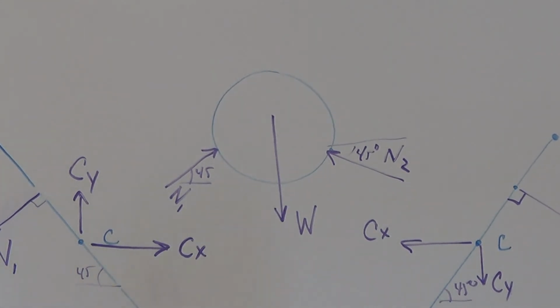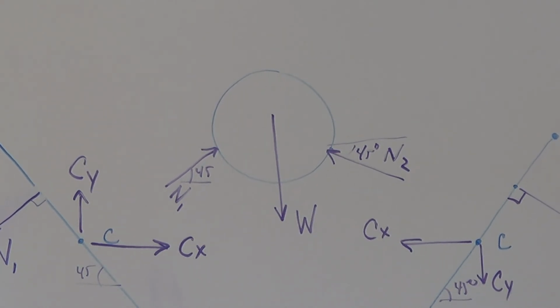Okay, let's do the next one. Do we write that N1 and N2 are equal? Would we write that normal 1 and normal 2 are equal in magnitude? In the end, they are equal, and why are they? Because it's supporting that one ball. Say it again? It's supporting the ball. And what else?